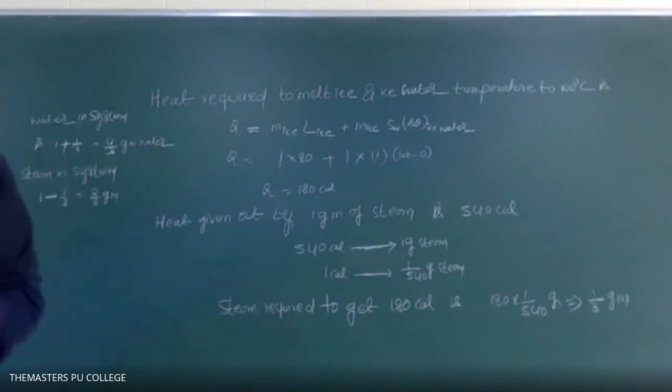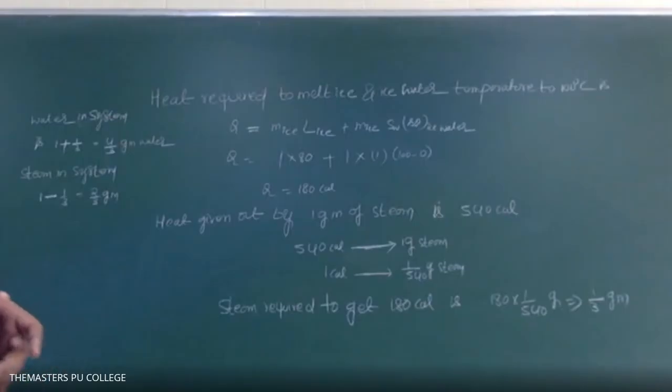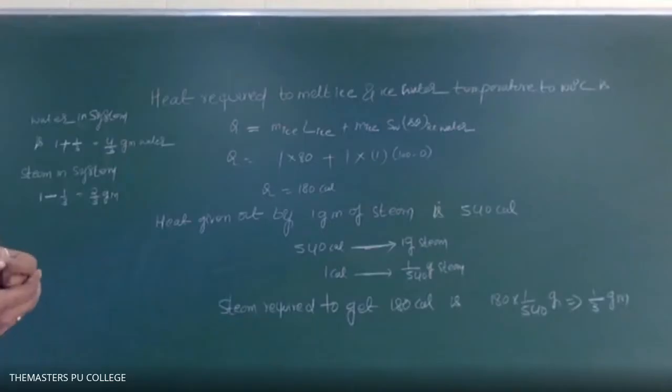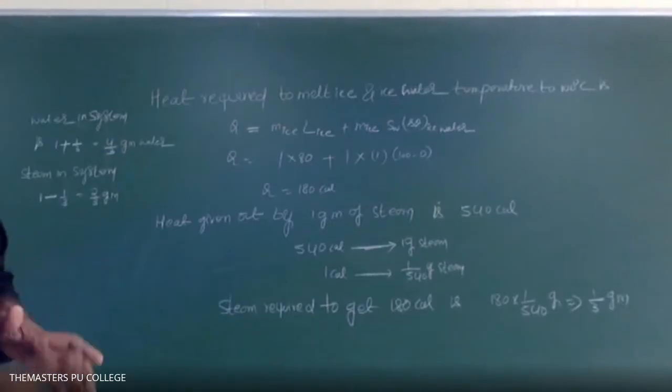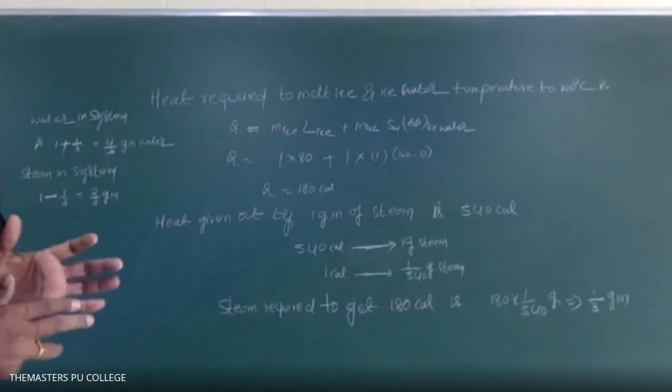Sir, they have given the first option as correct, 4 by 3 gram of water and 1 by 3 gram of steam. Okay, add those 4 by 3 and 1 by 3. If you got 2 gram, that option is correct.